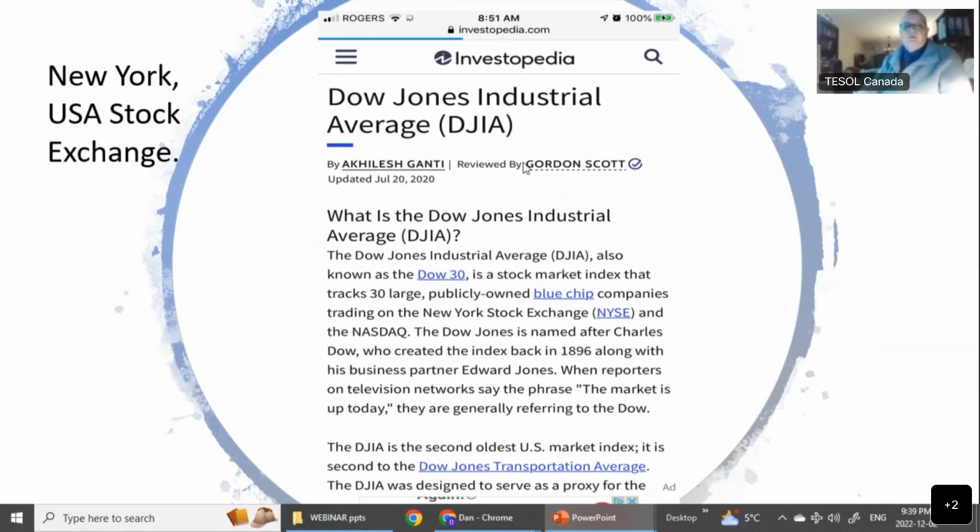And so this is the stock market that people refer to when they say, oh, the market is up or the market is down. This is what they're talking about, the Dow Jones stock market. And what it does is it tracks 30 large publicly owned blue chip companies.